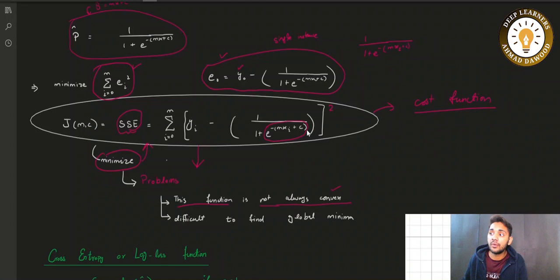It can give multiple parameter values, and your graph will be like that, and you may fall into some local minima instead of the global minimum. It's not exactly the same as the graph will be, but just to give you an idea, let's say your graph will be like this.